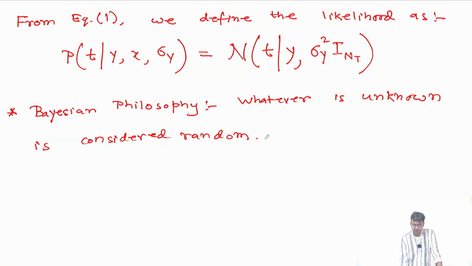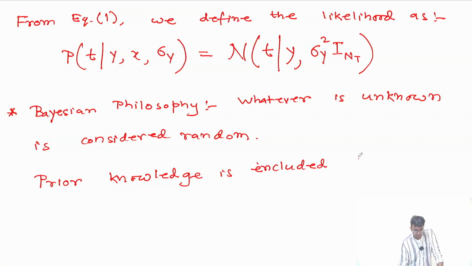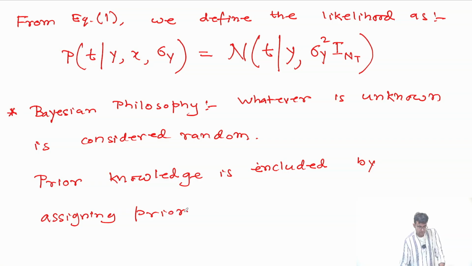So the Bayesian philosophy is, I will repeat once more, whatever is unknown is random. And prior knowledge is included by assigning a prior distribution over the unknown.